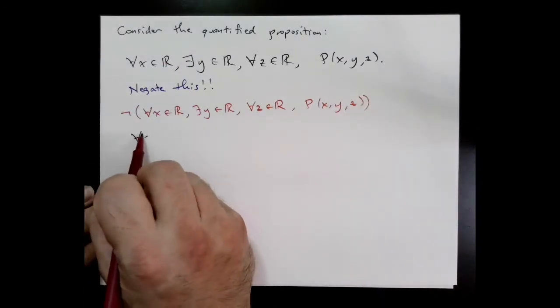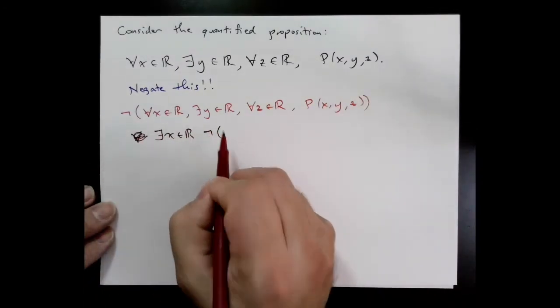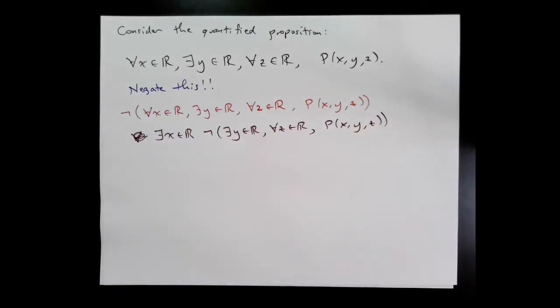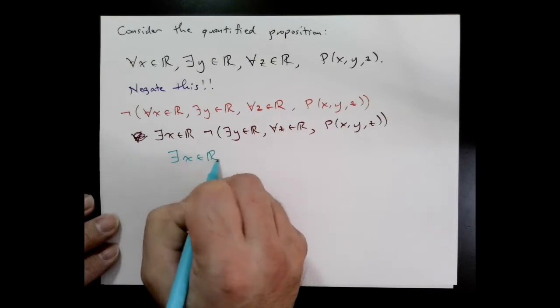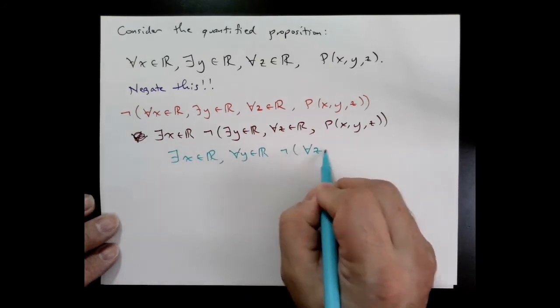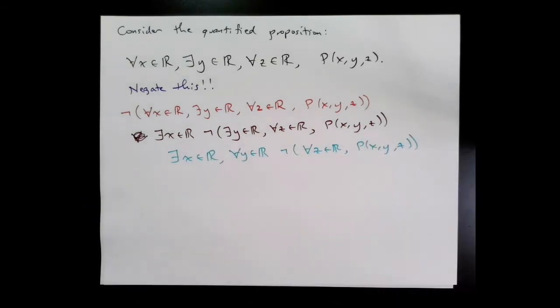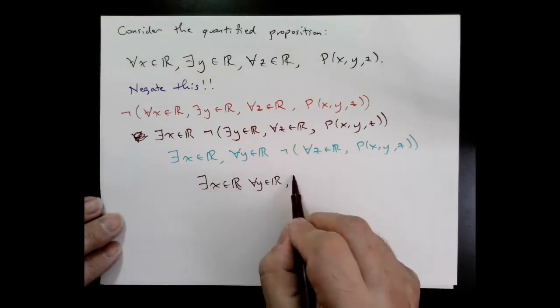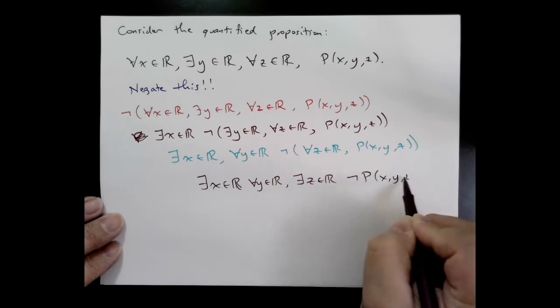And by flip, I mean exchange the two. There exists goes to for all, or for all goes to there exists. Thus, the negation can be computed this way. Finally, we get the answer. There is a real number x, such that for all real y, there exists a real number z, such that p of x, y, z is false.